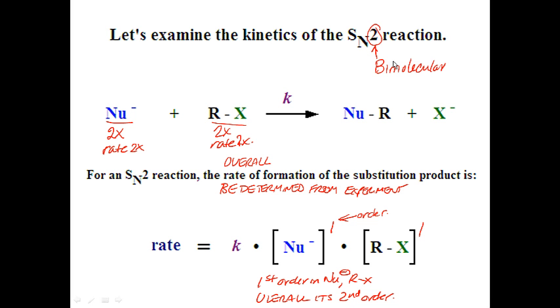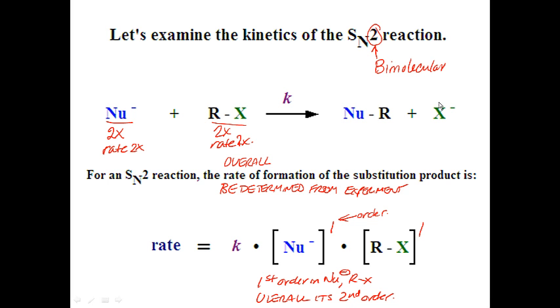So this is called bimolecular nucleophilic substitution because in the rate determining step of the mechanism, 2 molecules, the nucleophile and the alkyl halide, are colliding together to form the final substitution product where you've got the nucleophile attached to the carbon and the halogen group as the leaving group.